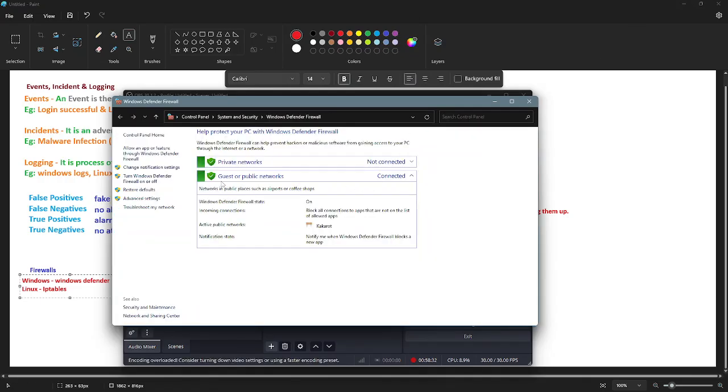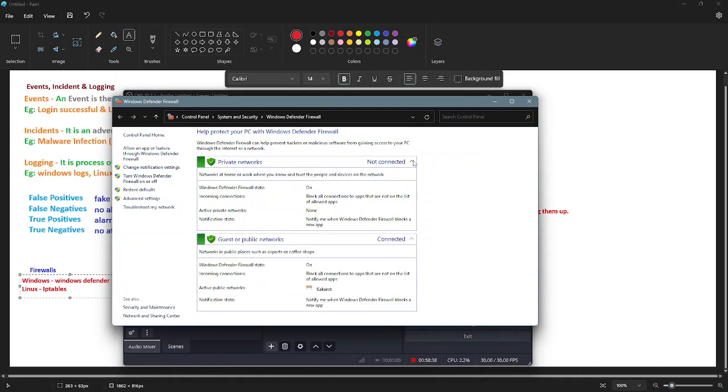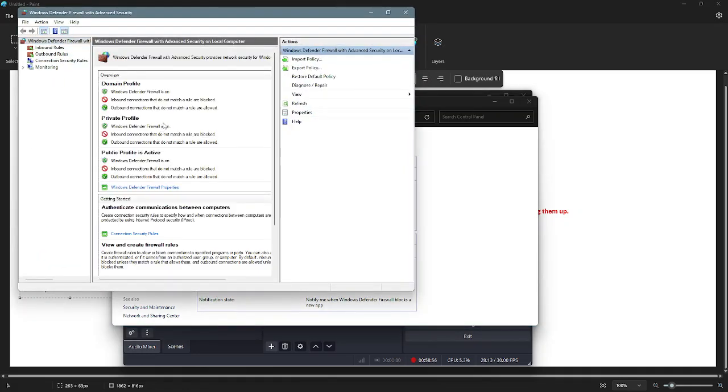Here you can see all the things related to it.